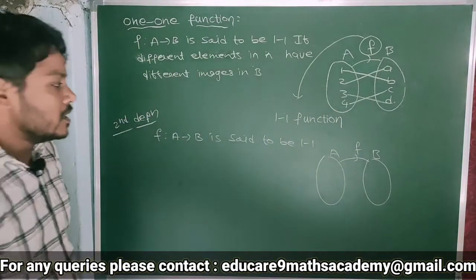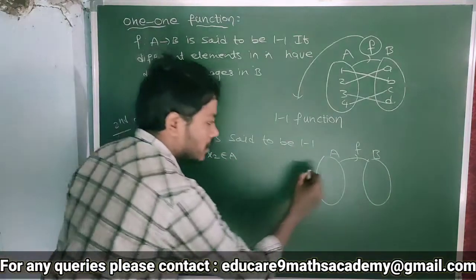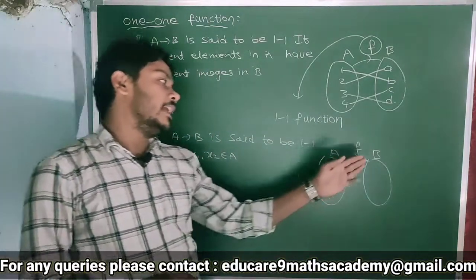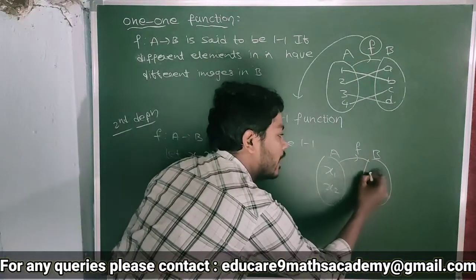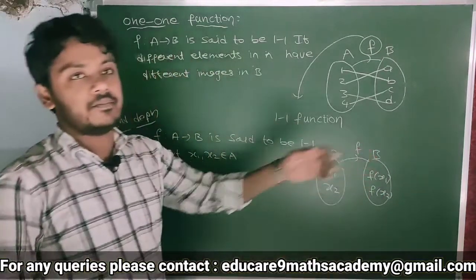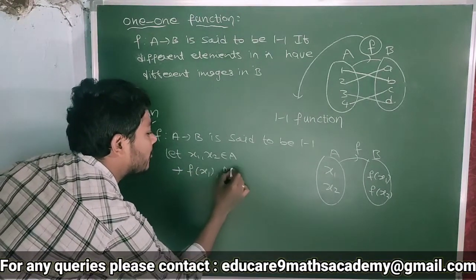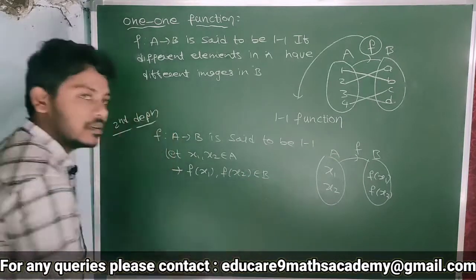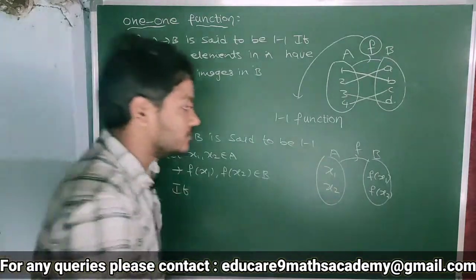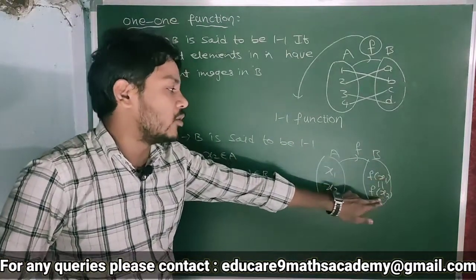Let x1, x2 belong to A, and the corresponding elements in the codomain, f of x1 and f of x2, belong to B, such that f of x1 is equal to f of x2. In the codomain these two are equal.